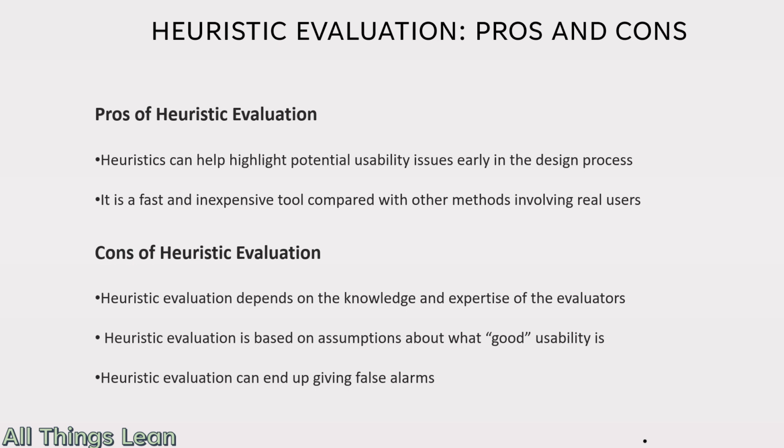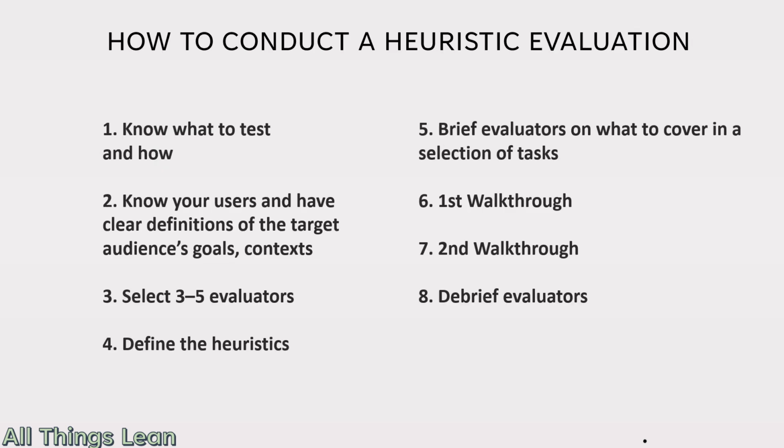Furthermore, evaluators only identified 21% of genuine usability problems in comparison with usability testing. A vital point is that heuristic evaluation, no matter how helpful, is no substitute for usability testing. So let's see how we go about conducting a heuristic evaluation.